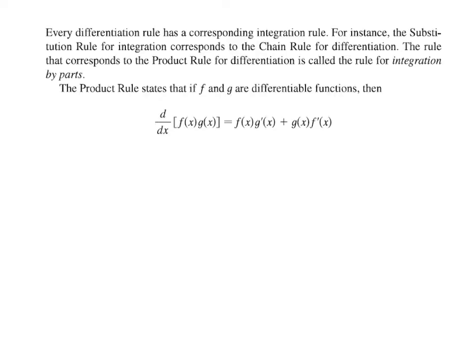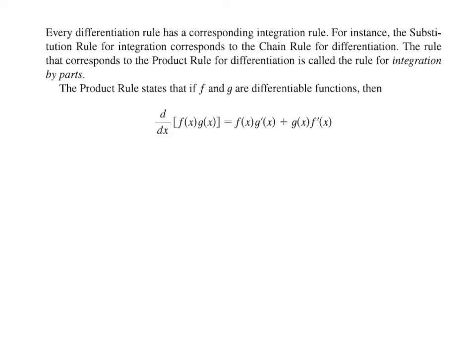Now let me remind you of the product rule in differentiation. If f and g are differentiable functions, then d by dx of fg satisfies the product rule, which is f times g prime plus g times f prime.